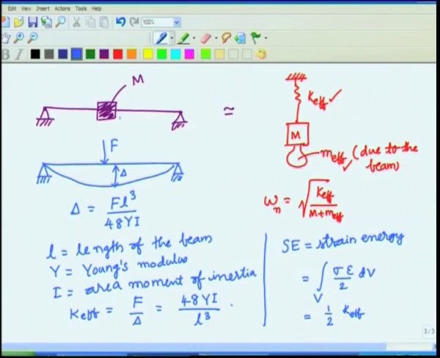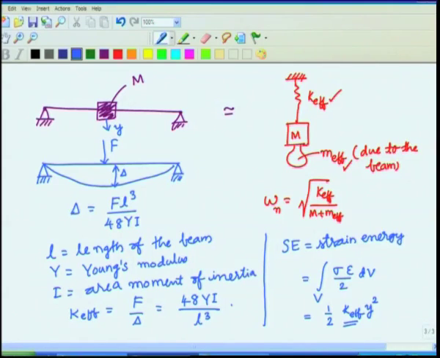Now, let us call this motion of this mass as y. Okay. Then I simply say y square, as if the spring is moving and spring extension is y. Okay. That is how we obtain this K effective that we have shown here. In other words, half K effective y square is equal to the strain energy stored in the continuous beam.